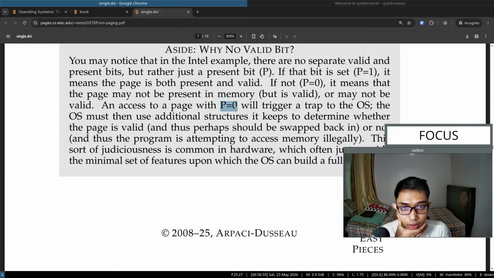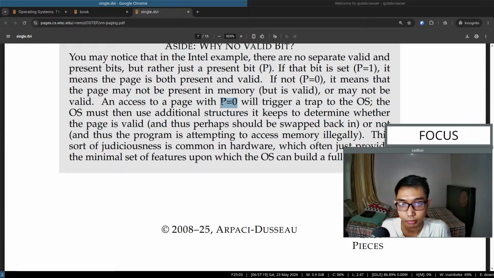Or we haven't allocated the virtual address according to the page table. Maybe something like that.